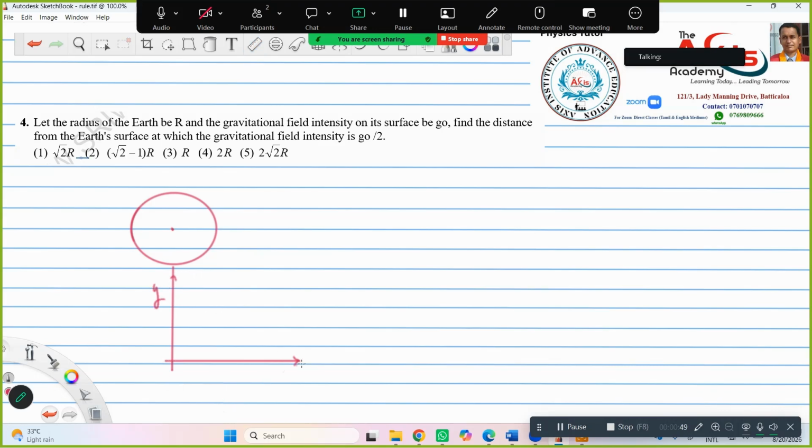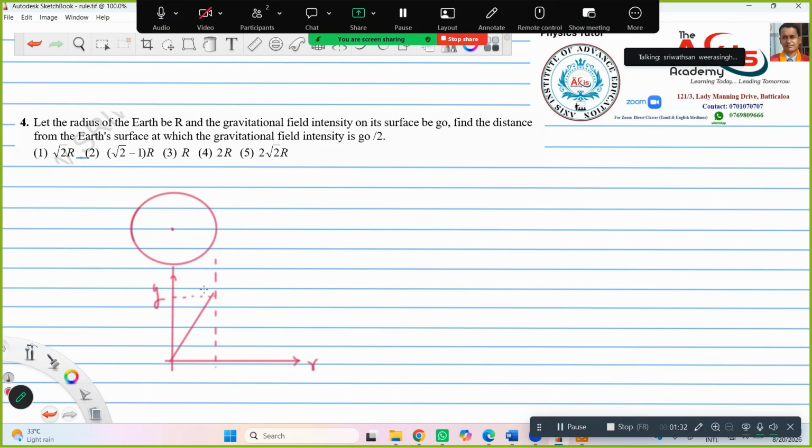Outside the surface of the Earth, and inside the surface, like we have learned, g is proportional to R. Inside the surface, g is proportional to R. This is inside the surface.